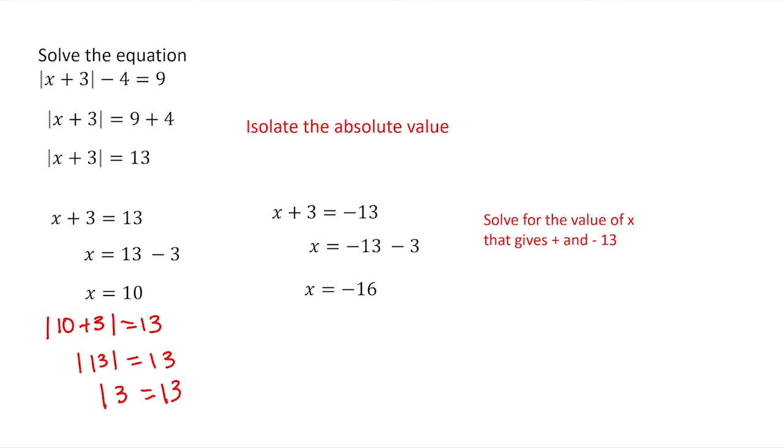If I substitute this value into my equation, minus 16 plus 3 equals minus 13. This gives me the absolute value of minus 13 equals 13, which we know the absolute value of any number makes our value positive, and we can see we're correct.